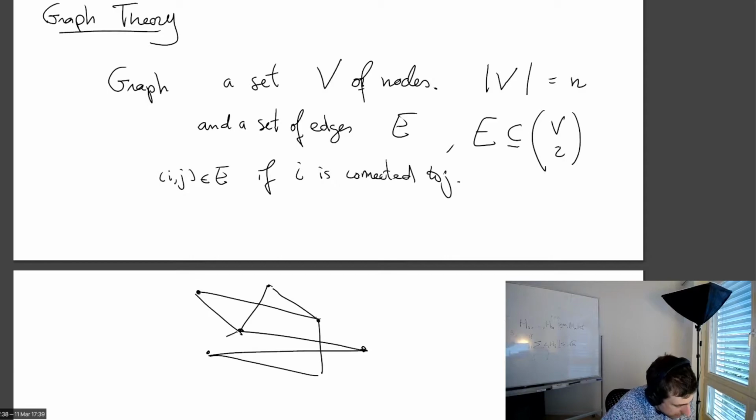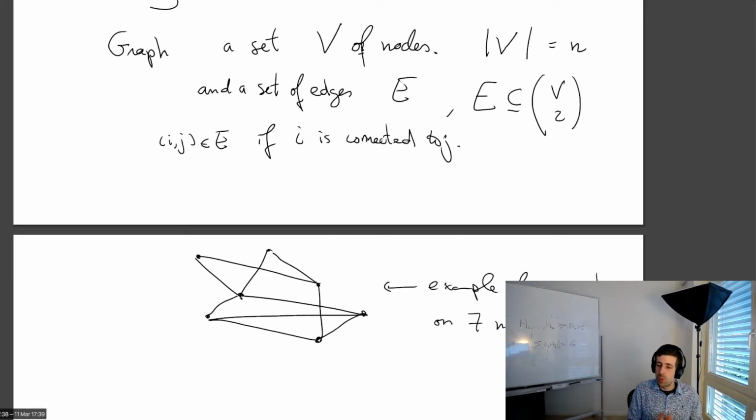So the edges are the lines, and the nodes are the vertices. Okay, so this is an example of a graph. It has 1, 2, 3, 4, 5, 6, 7 nodes.